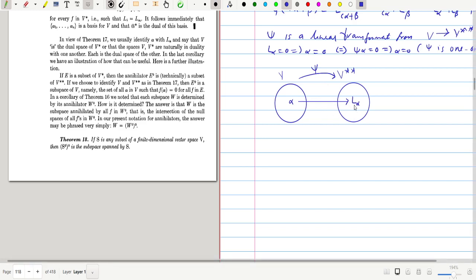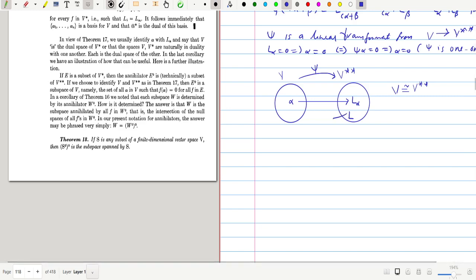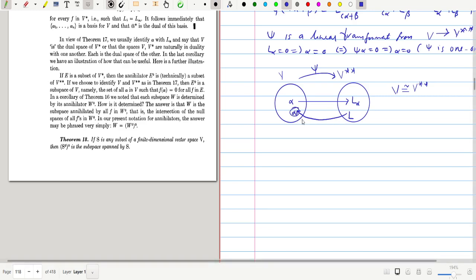So we have shown that V is isomorphic to V double star. And now we will prove that if you start with an element L from V double star, you can easily find a unique α here, a unique member α such that L_α(f) is equal to f(α).